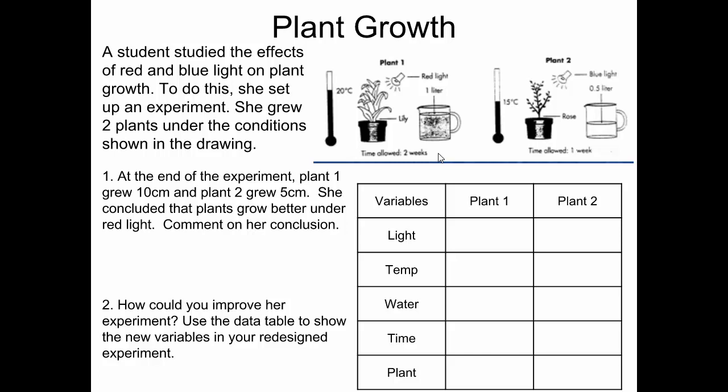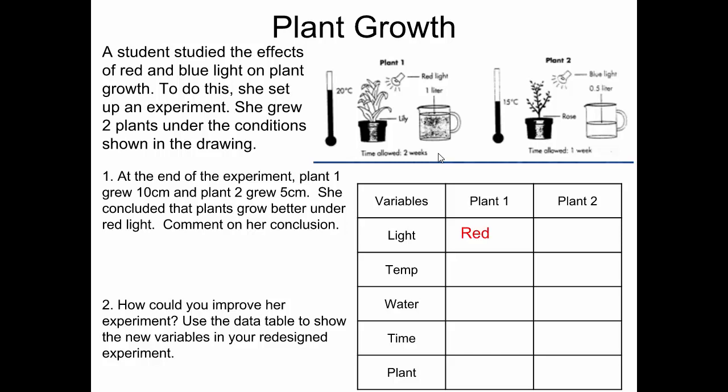So how do we improve upon this experiment? The word we would say is, how do we make this a more valid experiment? Talia? You should have the same temperature, same height of water, and same time and same plant. Okay. Not the same light? No, because the experiment was which light makes the plant grow. Okay. What do you guys think?